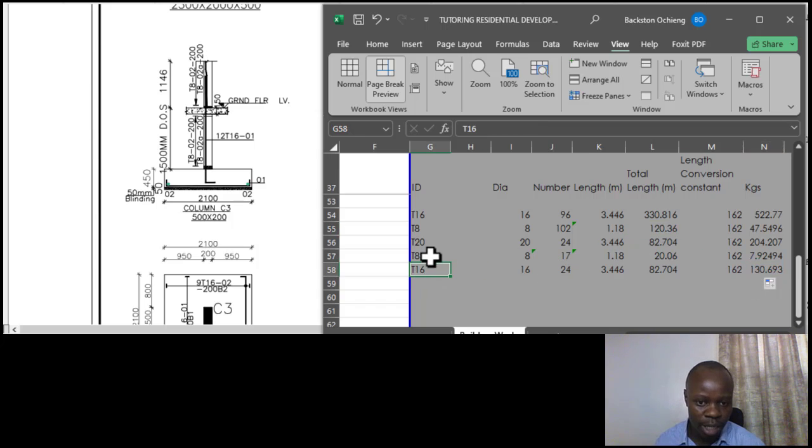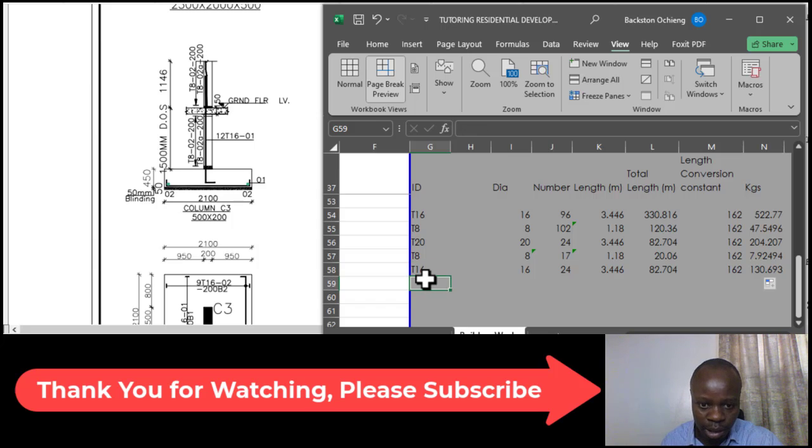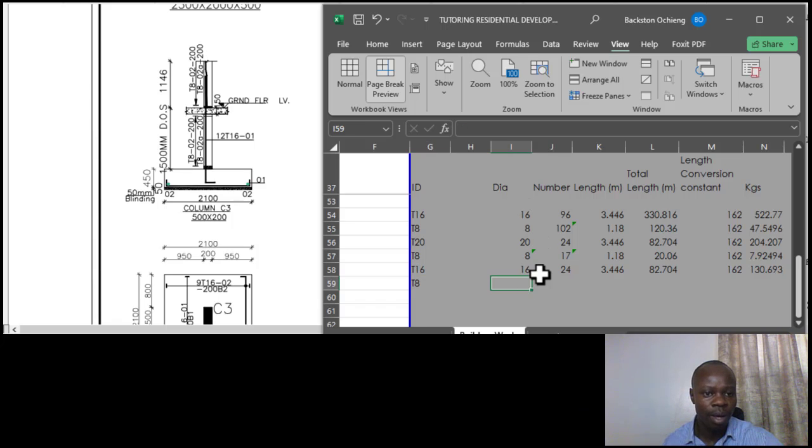Then we go to the links for that particular bar, that is T8. Alright, so after the T8, the diameter of the bar is 8. The number of the bars is equal to, so we copy what we have here, bring it there. The interval is going to remain the same.